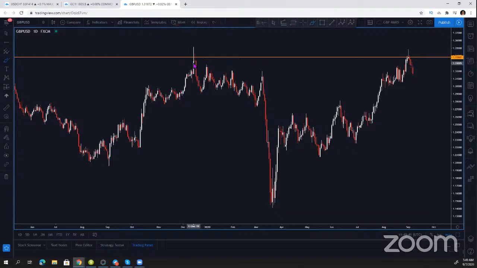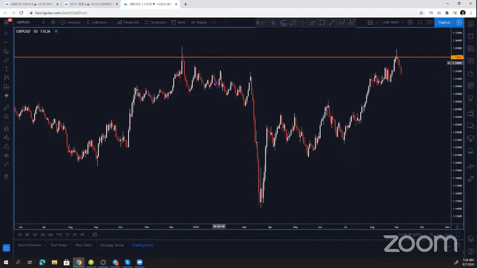If we look at historic price action for clues on where we might be going, after that reversal candle printed on December 13, 2019, the pound went down about 427 pips, or 3.20%.